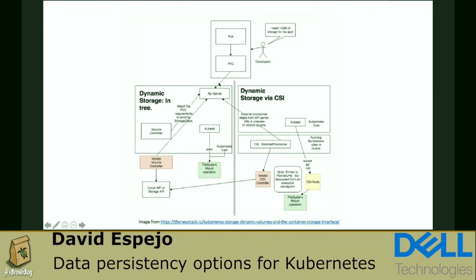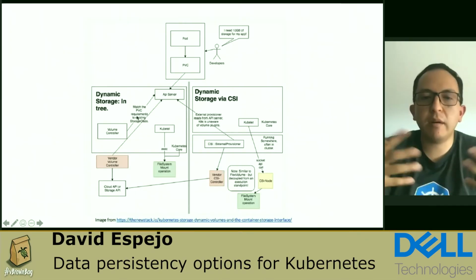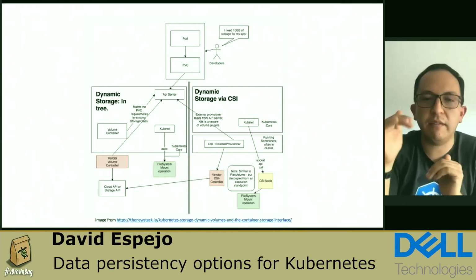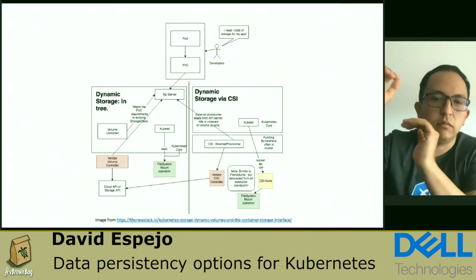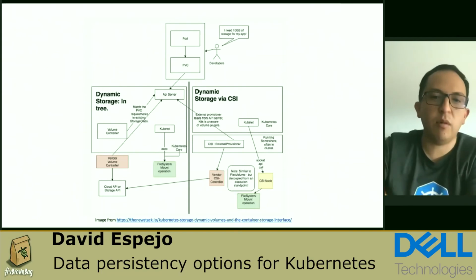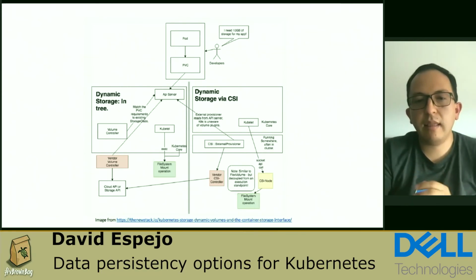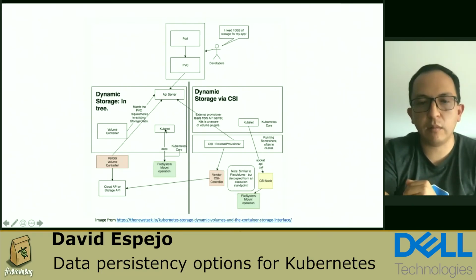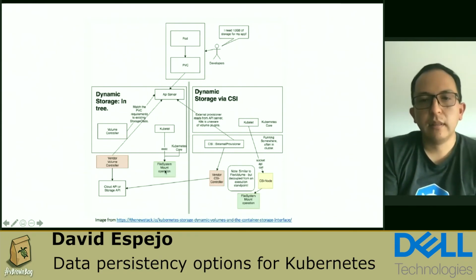When the developer performs the request, the API server, which is kind of the gateway, or let's say like a vCenter server, will receive the request, and the volume controller in the in-tree approach will find if there is a volume already created with those requirements, and if that's the case, it will assign that volume to that pod, right? In both cases, the kubelet will perform the mount operation.